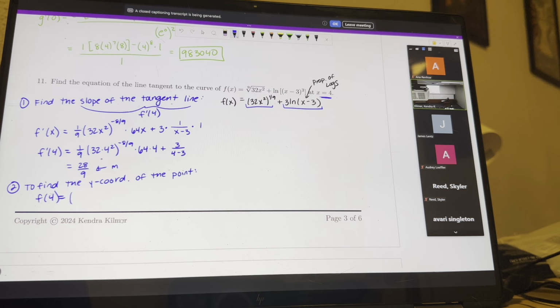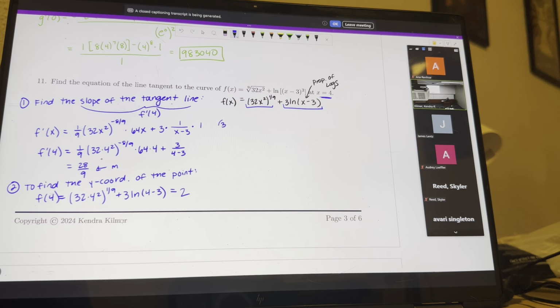So I'm going to plug that into my simplified function. So 32 times 4 squared raised to the 1/9 plus 3 times the natural log of 4 minus 3. And this is what comes out to be 2.